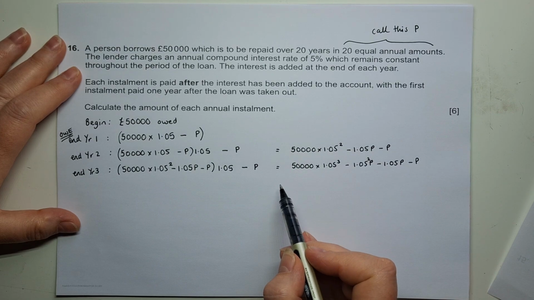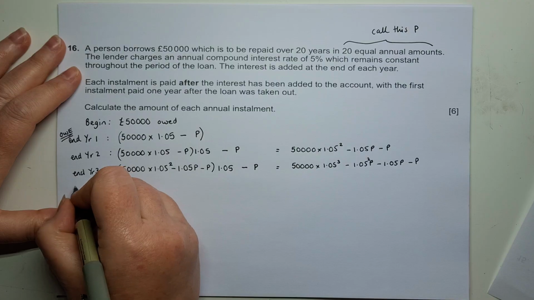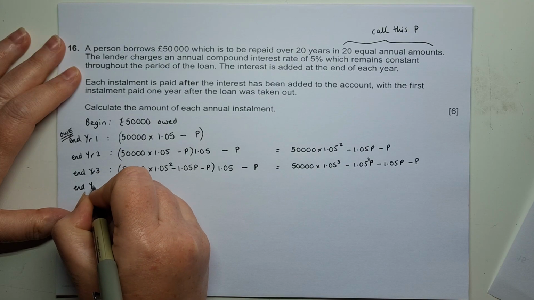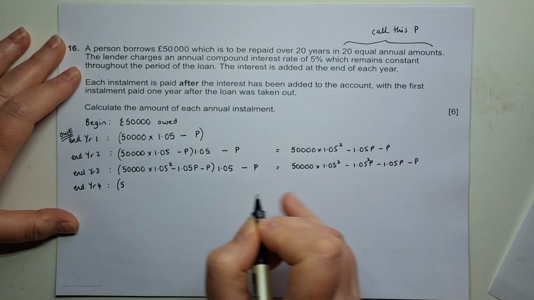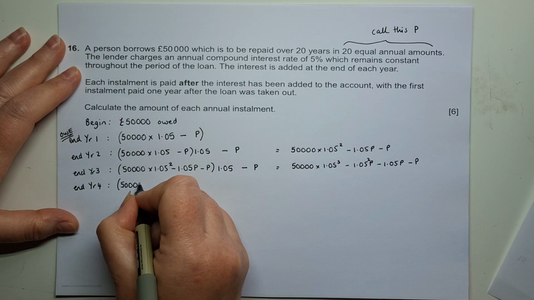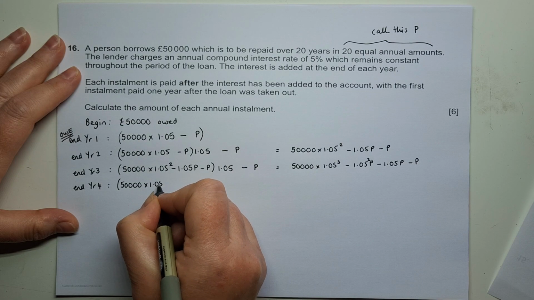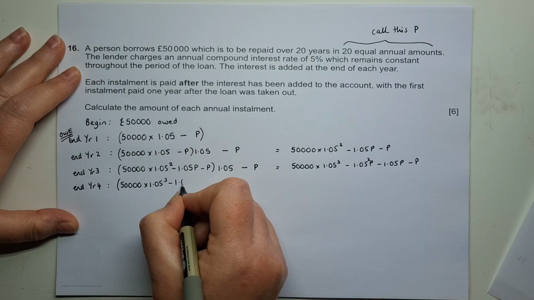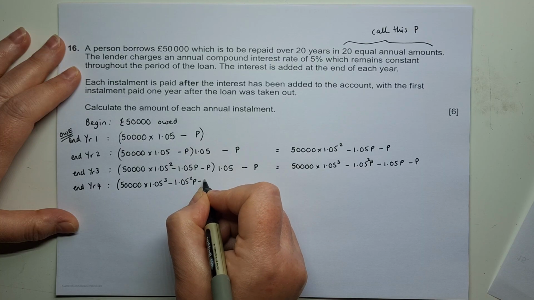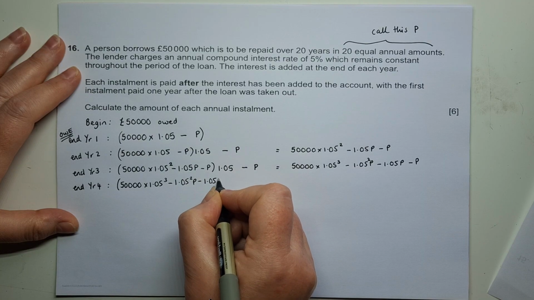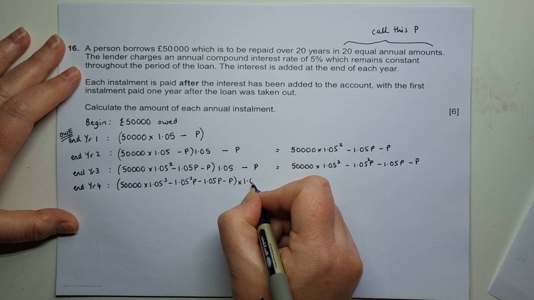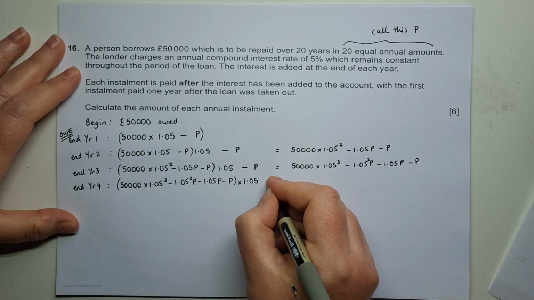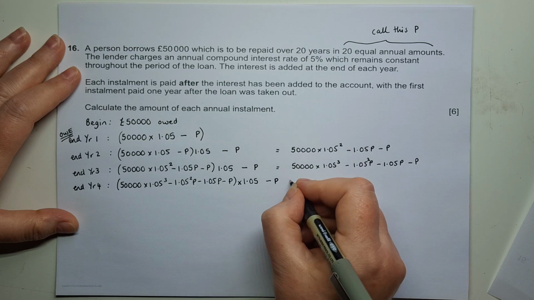Can we see a pattern? Should we do one more? It's everything that I've written here with 5% interest and then minus P that you've made your payment.